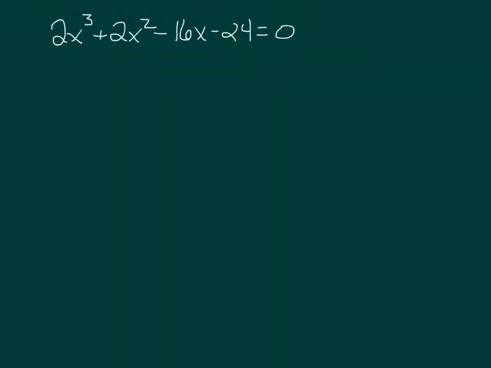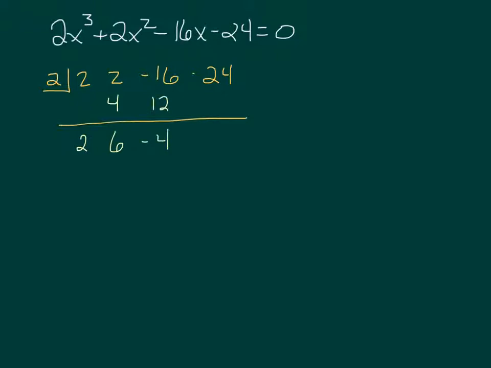Okay, so I'm going to start with positive 2 here. Okay, and since this is a negative 32, we know 2 is not a 0.